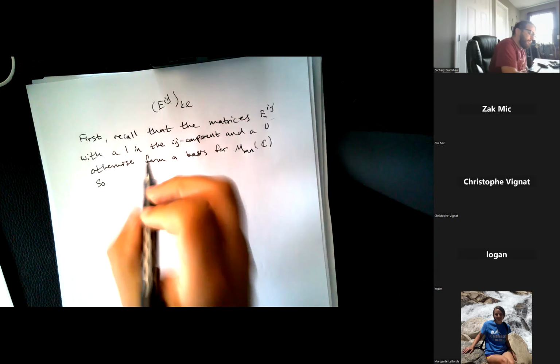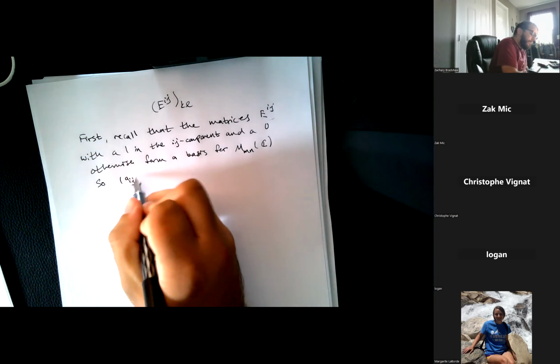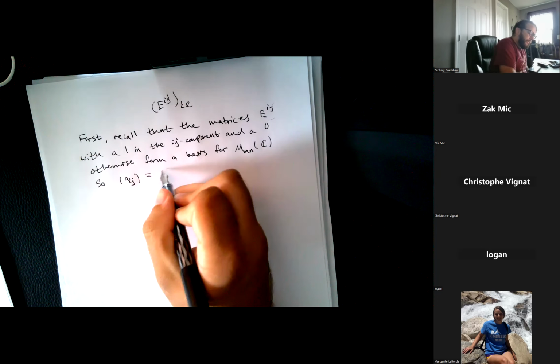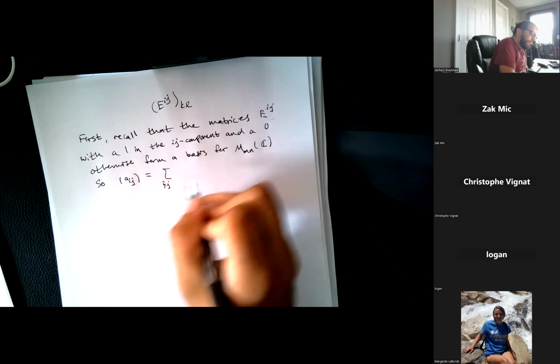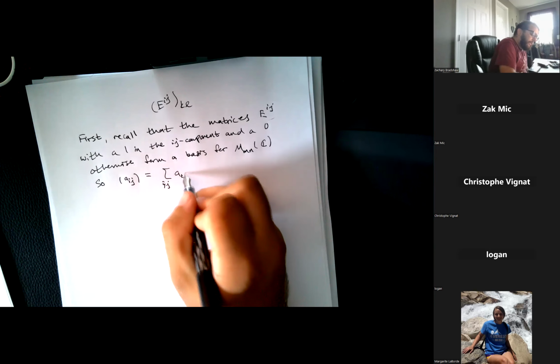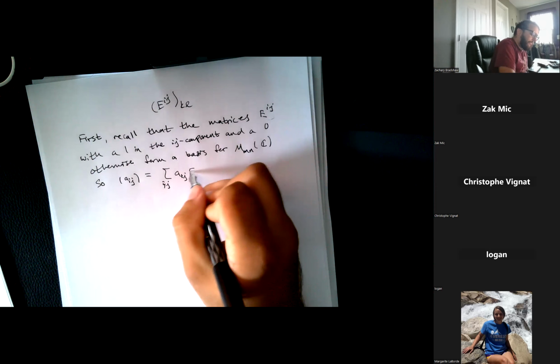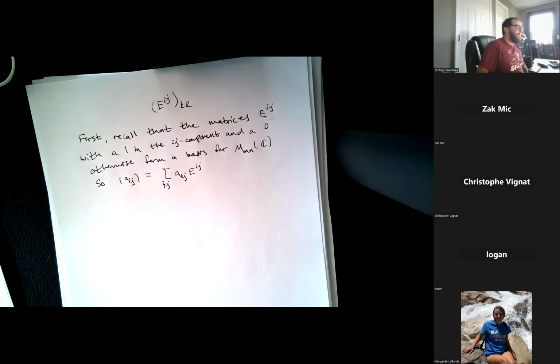So in other words, we can write any matrix as the sum over i and j of the components of the matrix times the basis matrices E^{ij}.